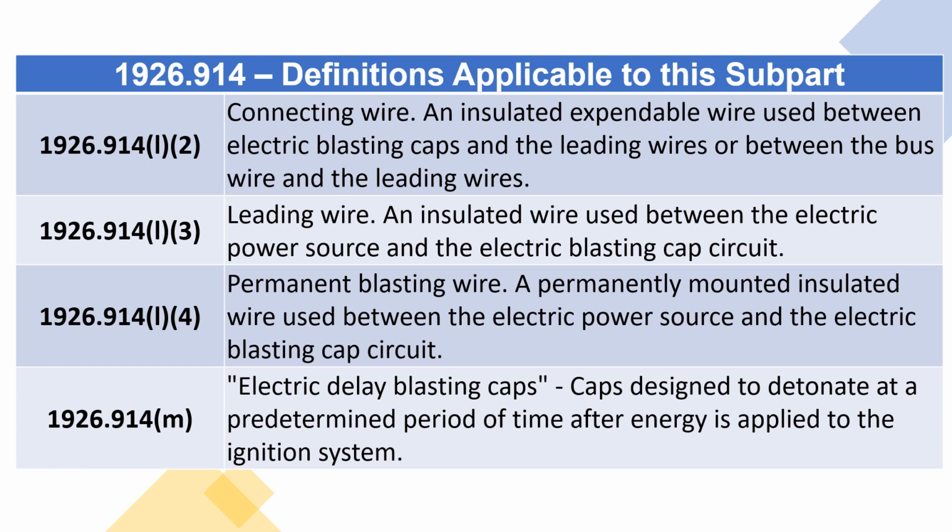Permanent blasting wire. A permanently mounted insulated wire used between the electric power source and the electric blasting cap circuit. 1926.914(m). Electric delay blasting caps. Caps designed to detonate at a predetermined period of time after energy is applied to the ignition system.